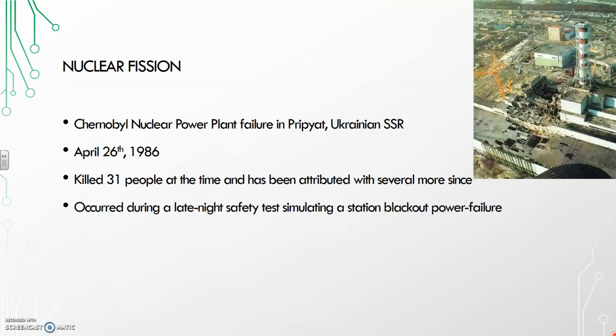So the ironic part of the nuclear power plant failure is that it occurred during a late night safety test, which was actually simulating a station blackout power failure, trying to see if they could respond to a certain situation. They had turned off the safety systems intentionally for this test, which obviously turned around and really screwed them over.